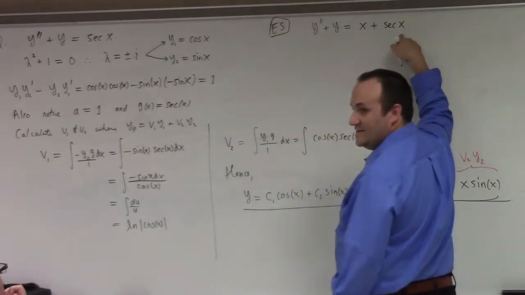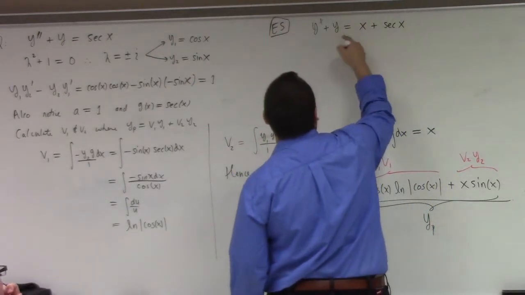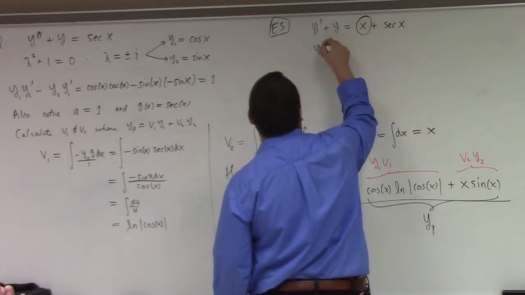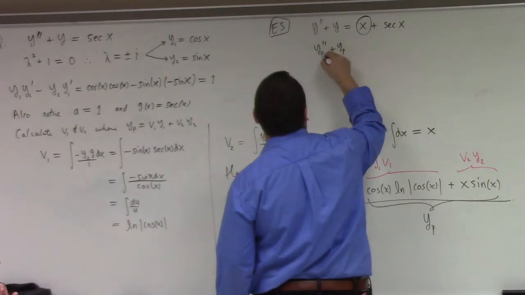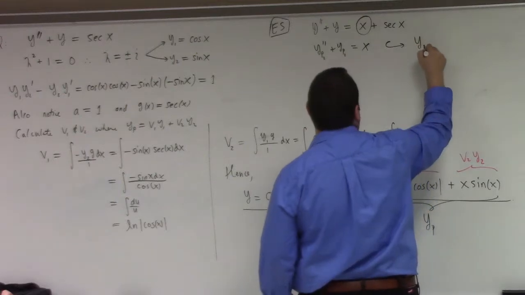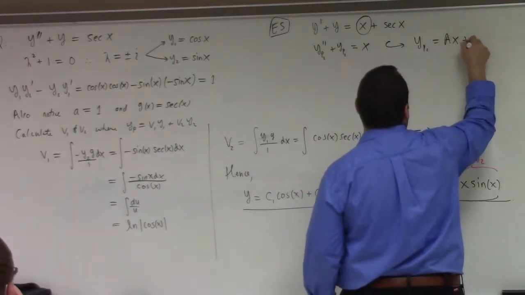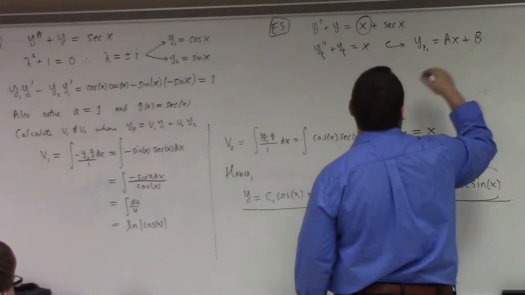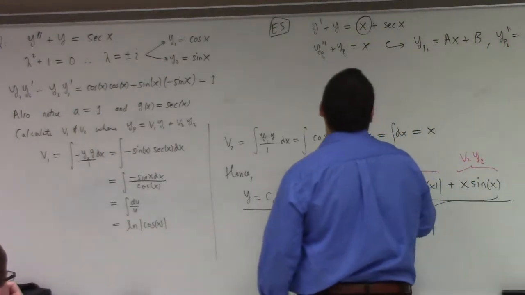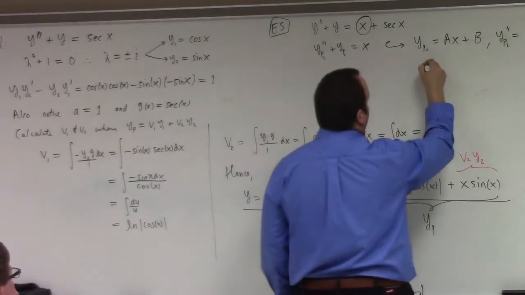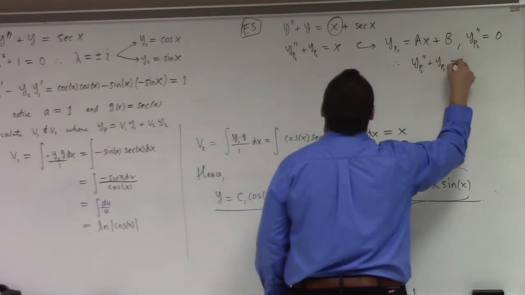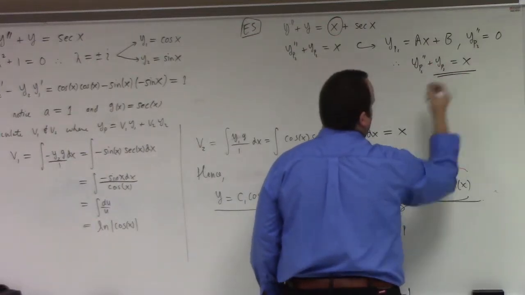We could solve this. It'd be pretty easy. So to get this x, I could solve yp prime prime plus y, let's say p2, equal to x. I would guess that yp2 is ax plus b, right? What's yp2 prime prime? It's 0, right? So apparently yp2 prime prime plus yp2 is equal to x, which is to say that yp2 is x.